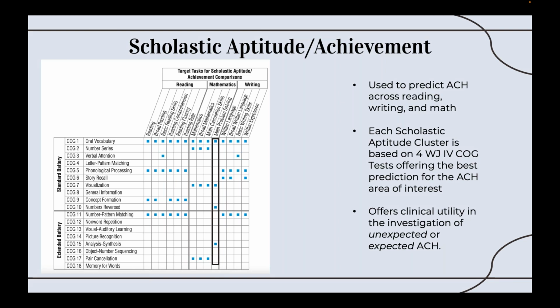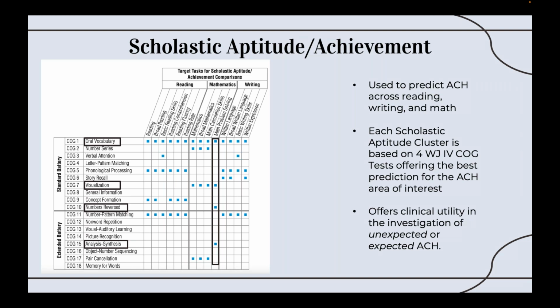When we take a look at math problem solving, we see that the WJ4 cog tests that are most predictive of math problem solving on the WJ4 Achieve would be oral vocabulary, numbers reversed, visualization, and analysis synthesis. So those 4 tests were specifically selected to create the aptitude cluster that is used to predict how well Sarah should do on the math problem solving cluster on the WJ4 achievement.